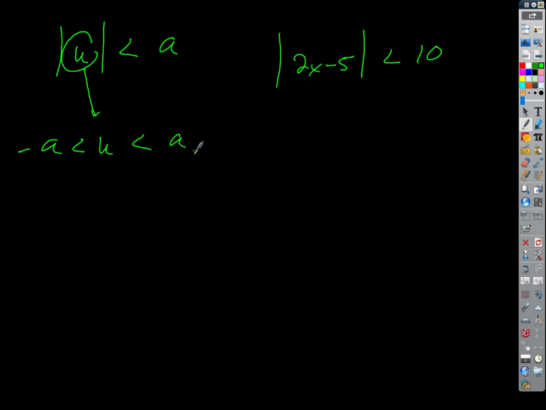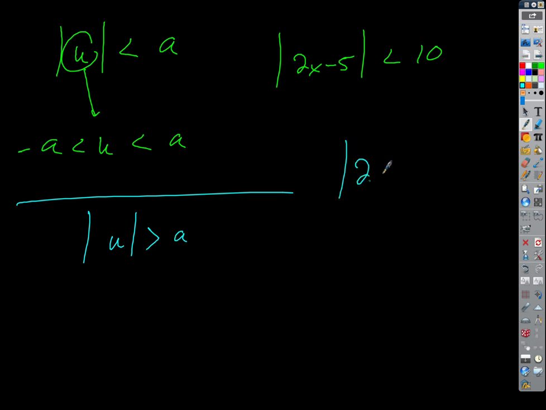Okay. What if we had instead the absolute value of some expression is greater than some number, like the absolute value of 2x plus 3 is greater than 10? What are values that would work?